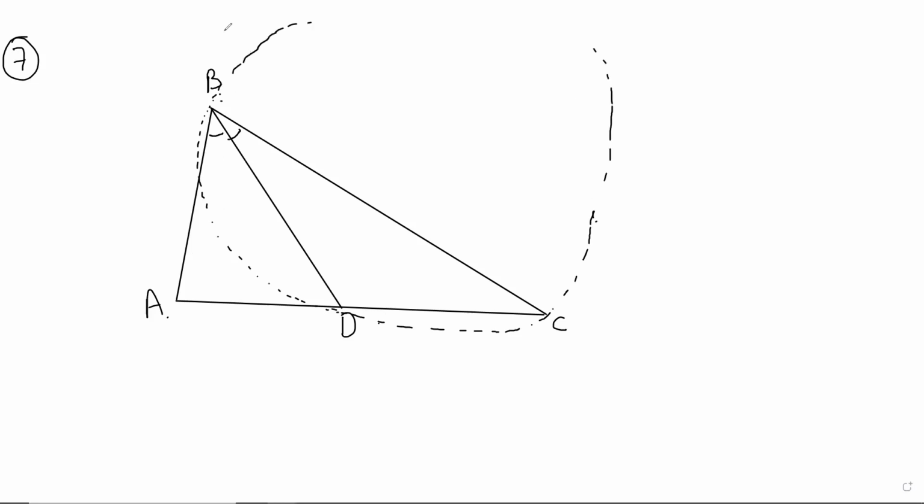Then ABD, the circumcircle of ABD, we are cutting BC, right?